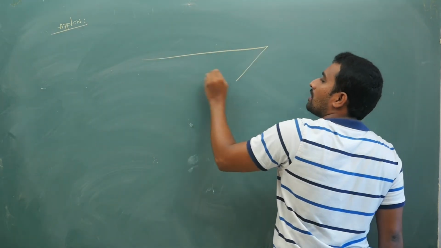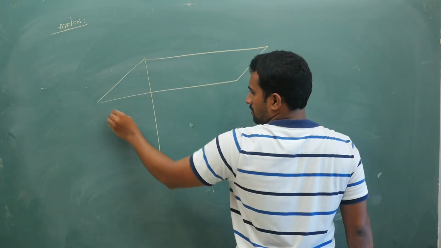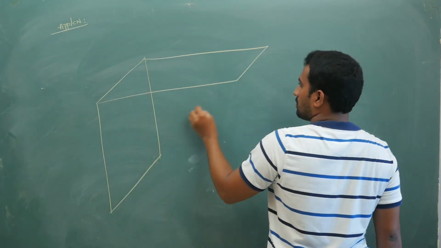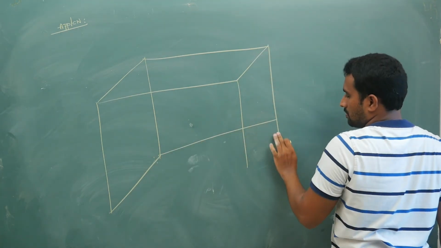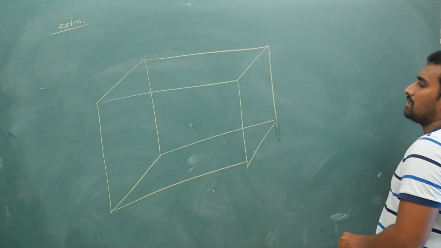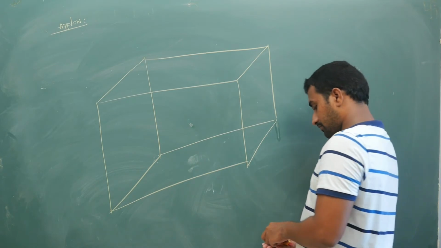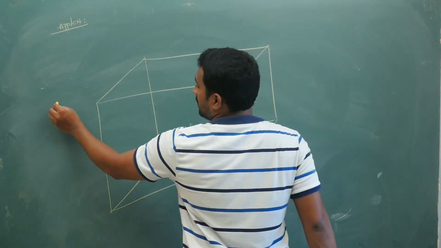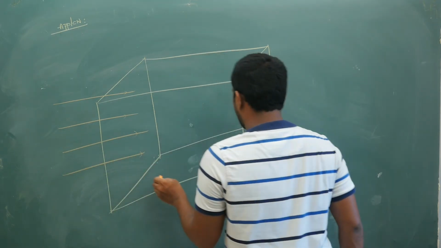Let us say you have a cuboid like this. Now you are supposed to calculate the flux. Let us say your electric field is acting along the x-axis like this.